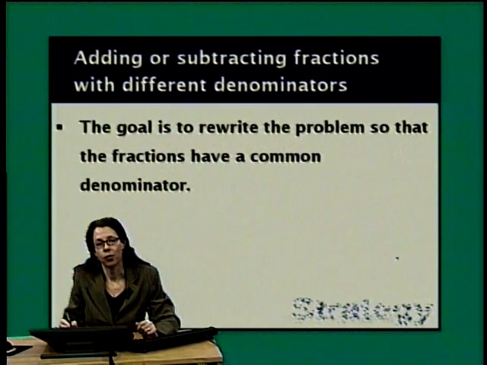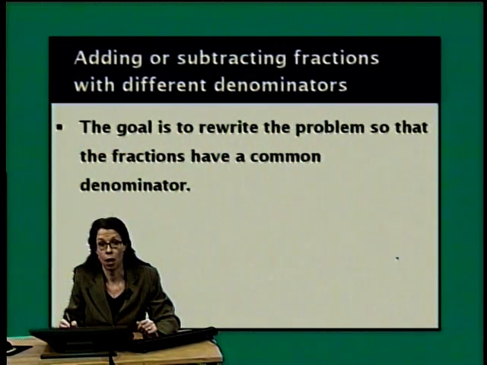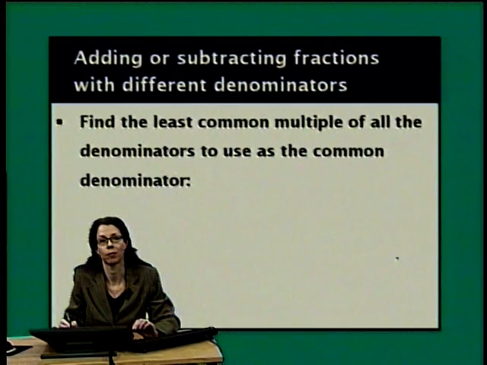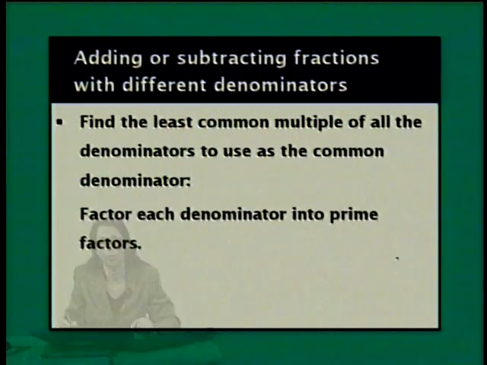Now, let's finally summarize our strategy for adding or subtracting fractions with different denominators. The goal is to rewrite the problem so that the fractions have a common denominator. We want to find the least common multiple of all the denominators to use as this common denominator. How do we do this? We factor each denominator into prime factors.